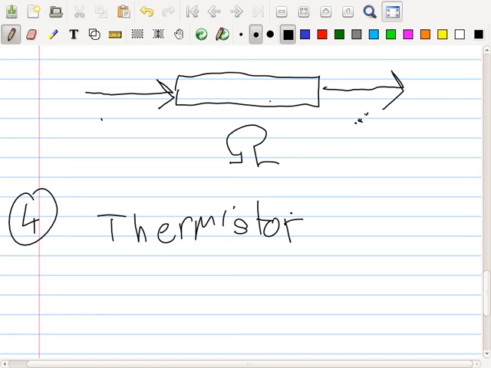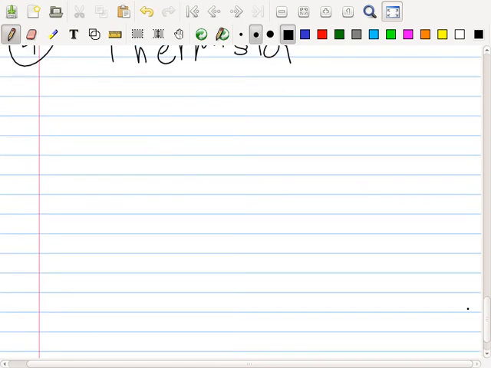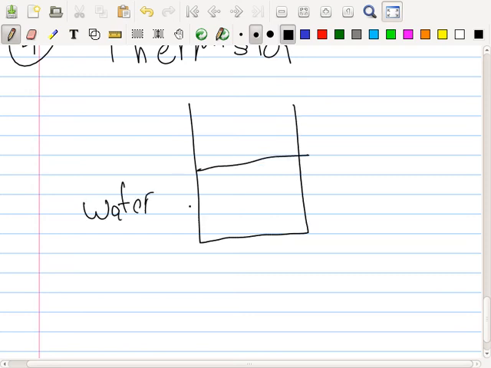Thermistor thermometer. Again, it's like the last one. You pass the current. Here, I'll draw it for you, like the picture they have here. Here's some water, and here's some flame.